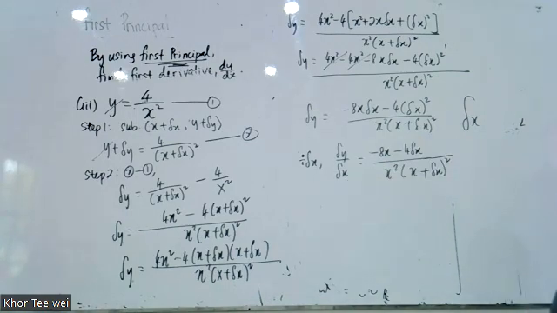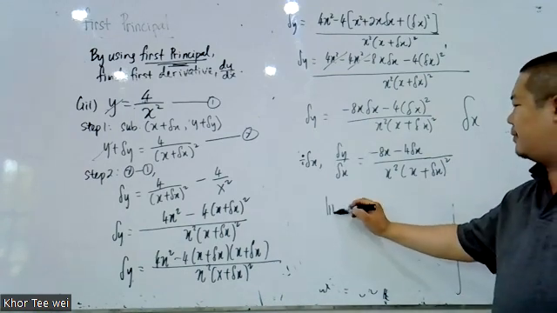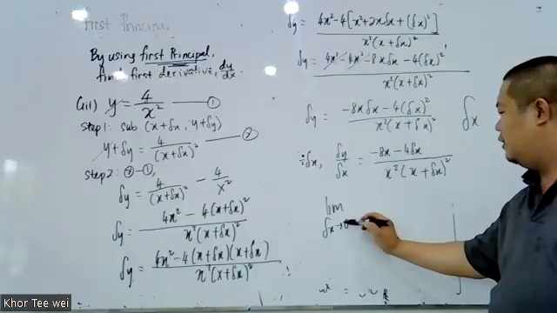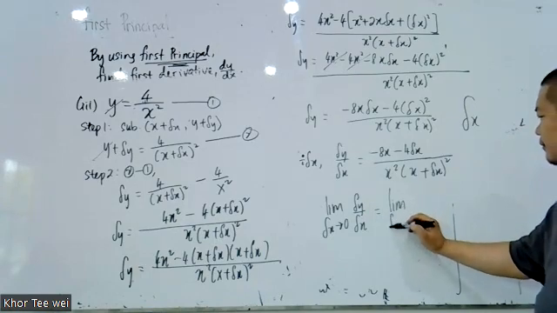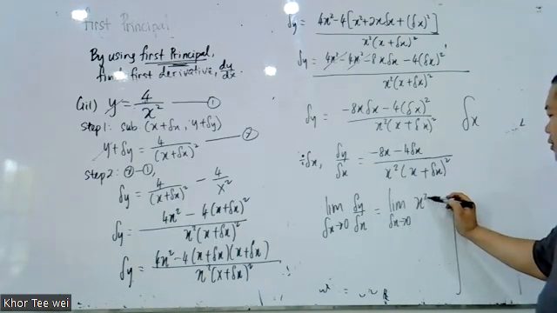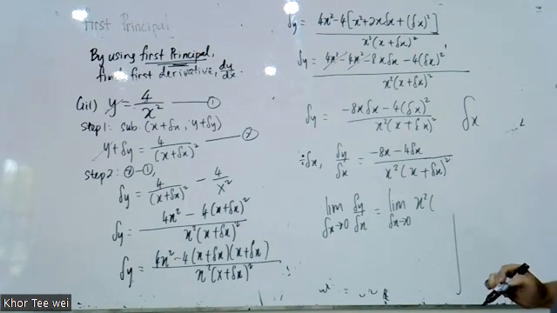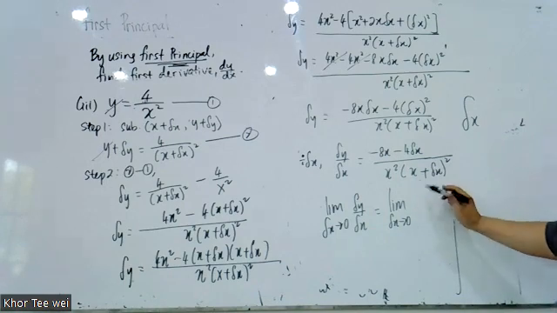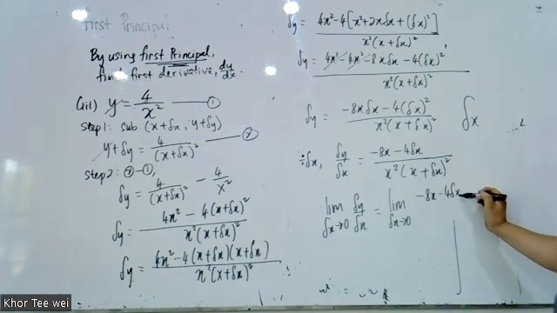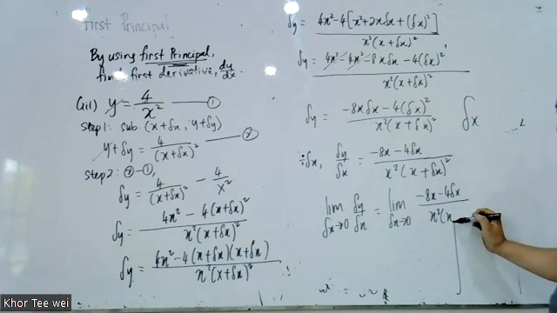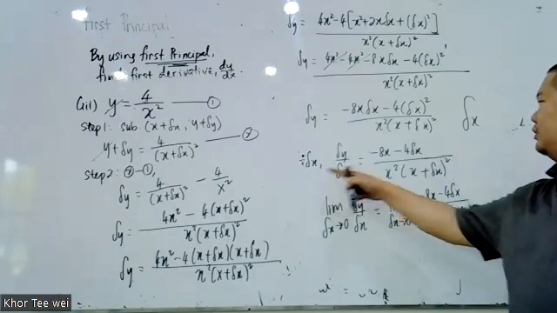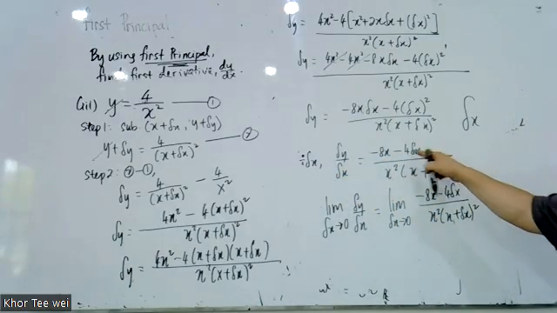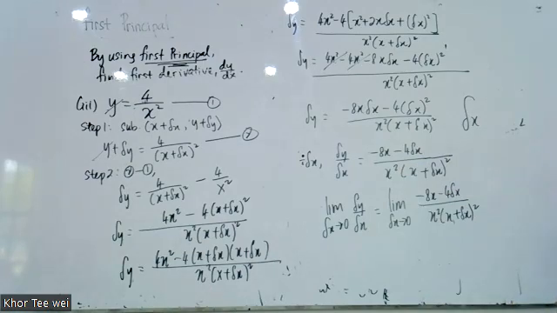The division only goes to the numerator, the denominator is not divided. And then after that, take the limit as delta x goes to 0. So your limit. So this one is negative 8x.